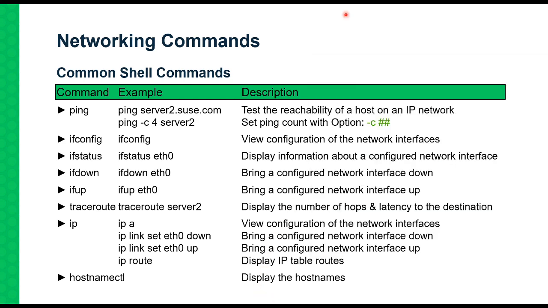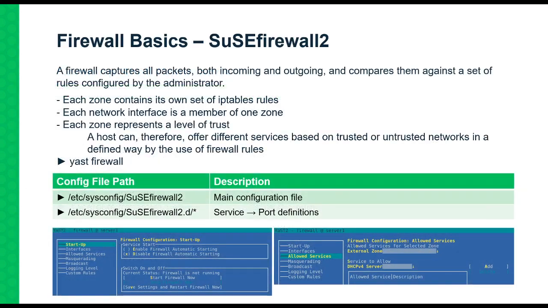Let's have a look at the next slide, and that is just looking at our firewall basics. In SLES, we run the SuSEfirewall2 for SLES 12. So a firewall captures all packets, both incoming and outgoing, and compares them against a set of rules configured by the administrator.